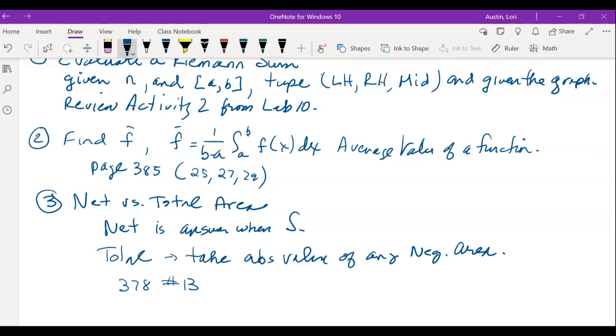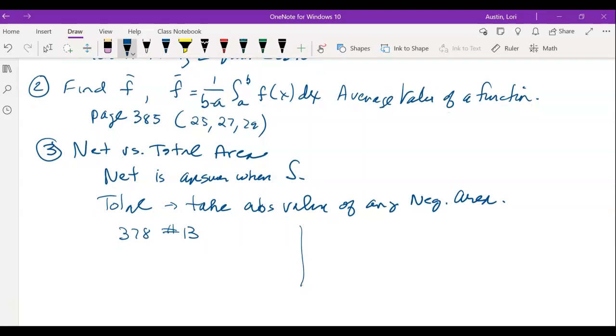So this is kind of where I give you the function, some crazy function, something like that. And I say, I'll give you values, -1.